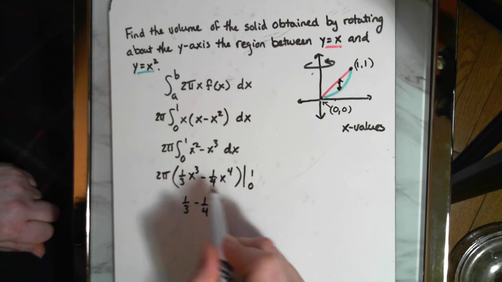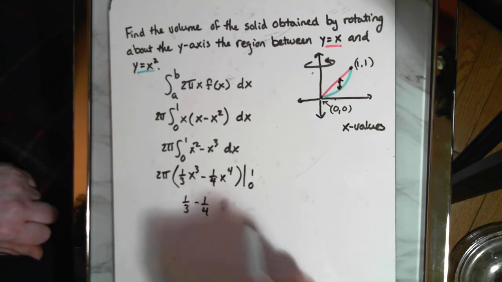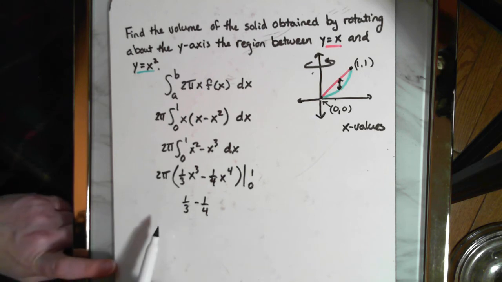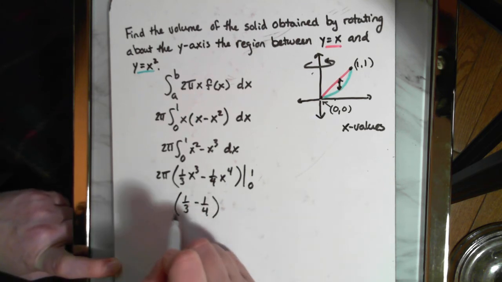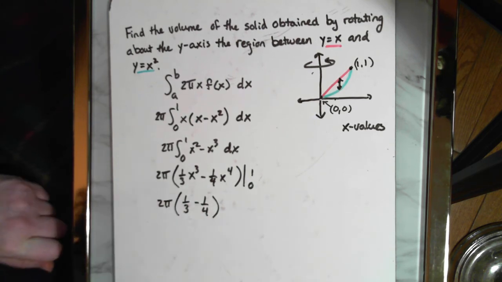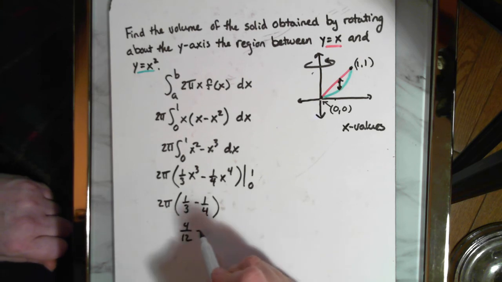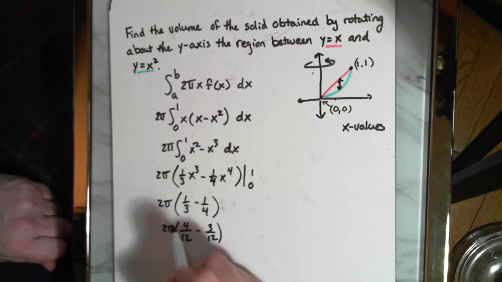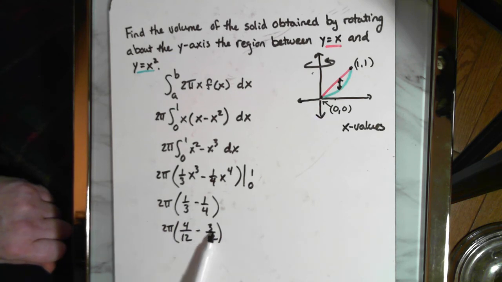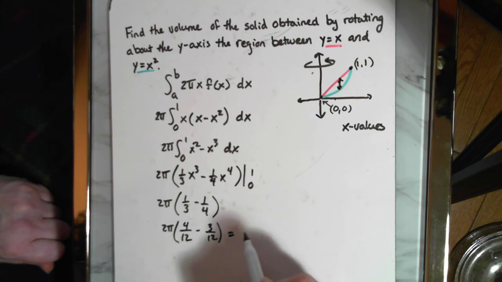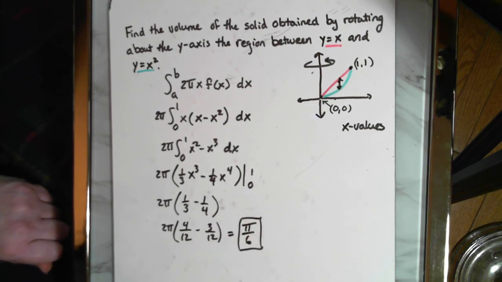If I put in the 0, I just get 0, so this will be minus 0 there. So basically it's this with the 2 pi in front. Common denominators: this will be 4/12 and this would be 3/12. 4 minus 3 is 1, so I would get 1/12, but don't forget I'm multiplying by 2. So that reduces to pi over 6, and that's my answer.